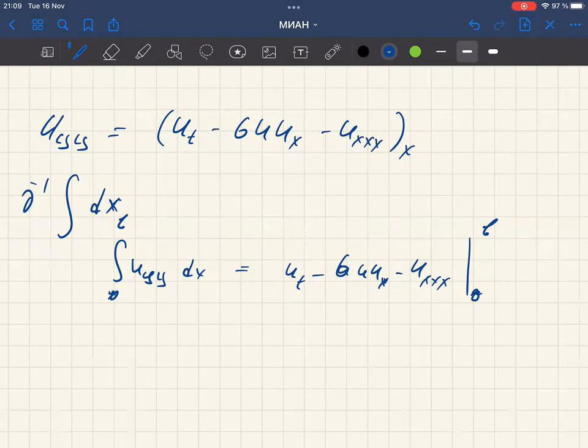No, it is integral with respect to x, so integral from 0 to x or forever. But you have to understand that if you change this 0, then you have another equation. Yes, I understand it. So what equation are you studying? And this is not a constant, because integral with respect to x is a function of y and t.